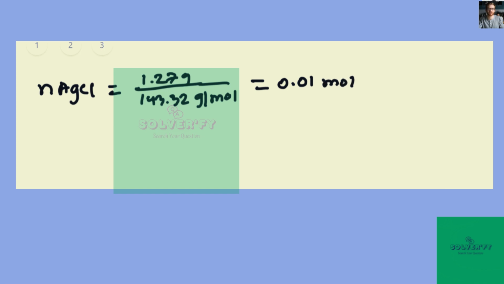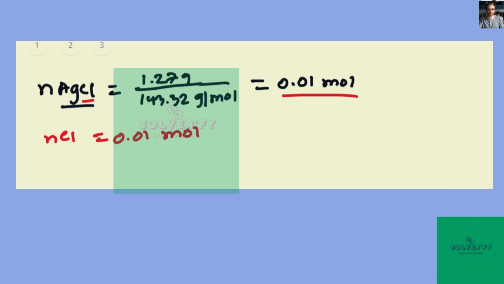0.01 mole. Now again, since one molecule of HCl contains one chlorine atom, that means 1 mole of HCl will contain 1 mole of chlorine, and 0.01 mole of HCl will contain 0.01 mole of Cl. So the number of moles of chlorine will also be 0.01 mole.